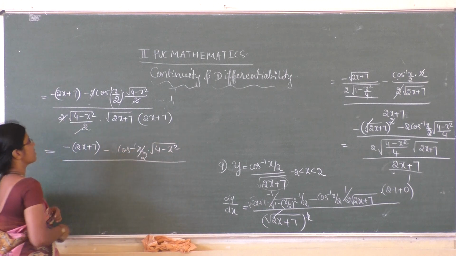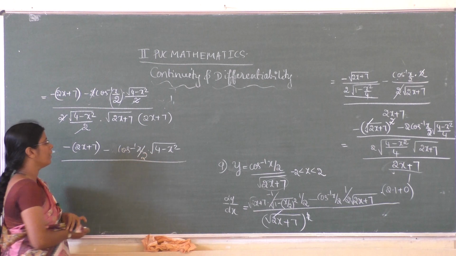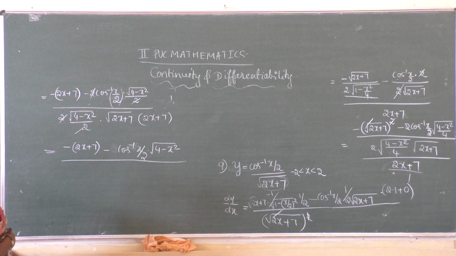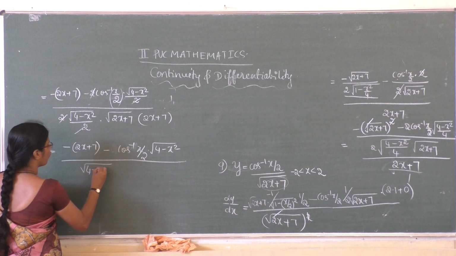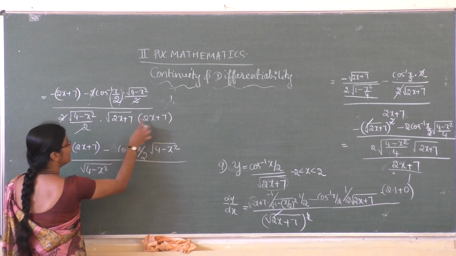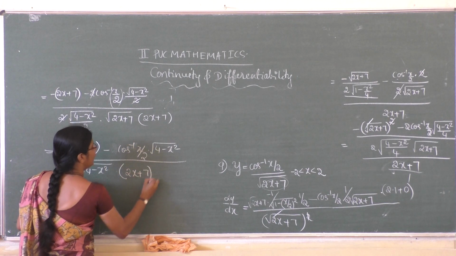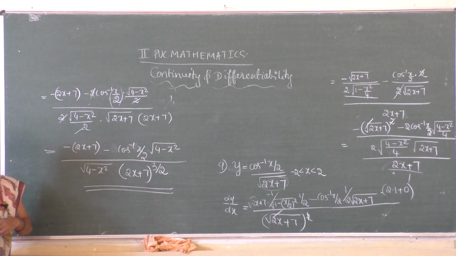This 2 and 2 cancel. So cos inverse of x by 2 into root of 4 minus x square. Now this becomes root of 4 minus x square into this one term, 2x plus 7 to the power 3 by 2. This is the answer.